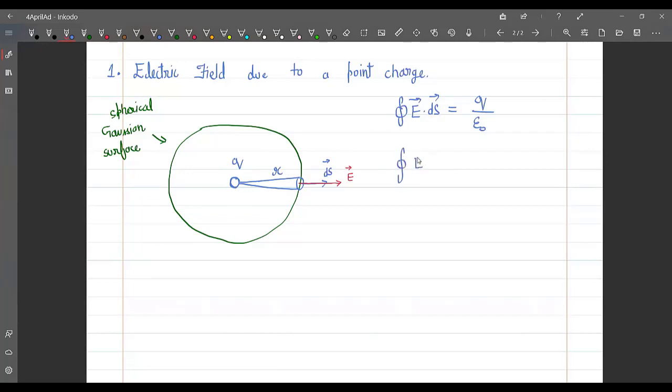And the angle between the electric field and this small surface is 0. So dot product can be written like this, that is E ds cos 0 degree. The ds vector is in the same direction as the electric field vector.